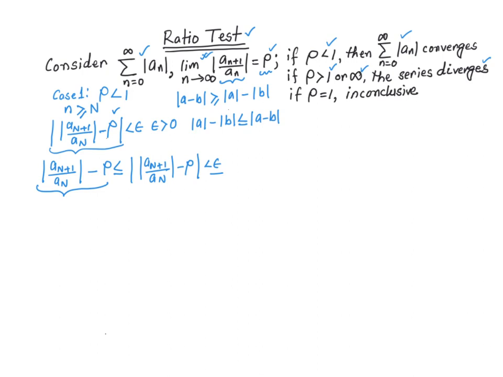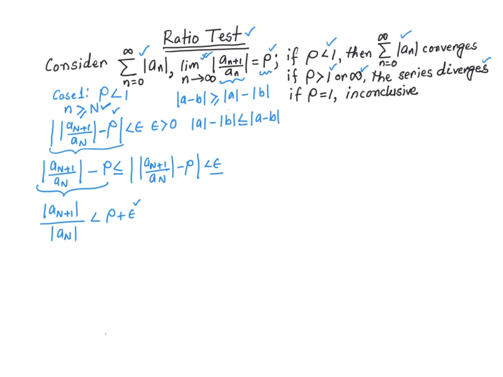Now, I'm going to take this and compare it with that. If I do that, I'm going to get the absolute value of a sub n plus 1 divided by the absolute value of a sub n, then I move the rho to the right, must be less than rho plus epsilon. Now, please note that rho plus epsilon must be less than 1 because we can make the epsilon as small as we want. So rho plus epsilon could be made to be less than 1 for so long as this capital N is big enough.